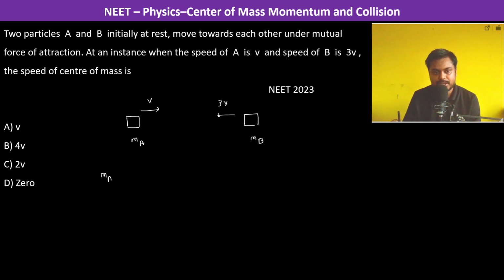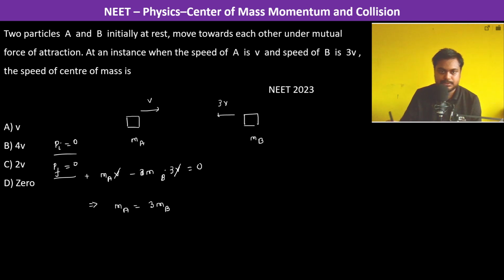Of course ma v, which is positive, minus mb into 3v, should be equal to 0, because the initial momentum was 0, so the final momentum is also going to be 0. v and v are gone, so we can very clearly have ma is equal to 3mb. So this is 3m and this is m.